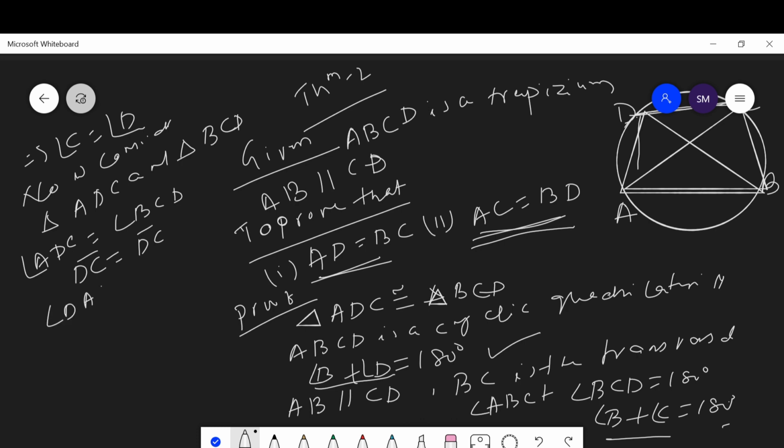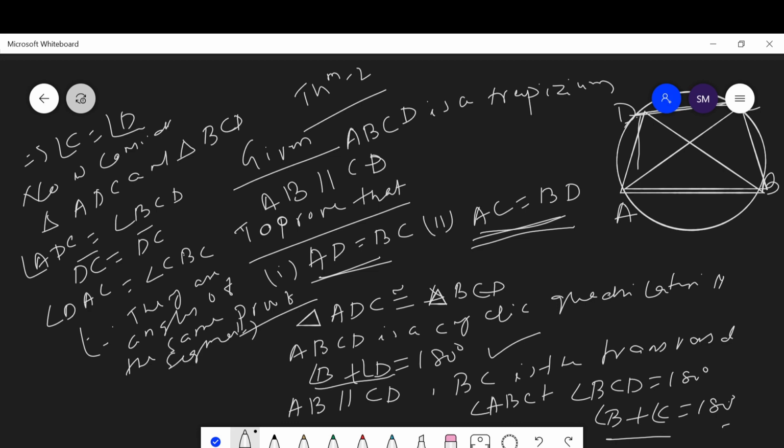Then angle DAC is equal to angle CBD, since they are angles of the same segment.